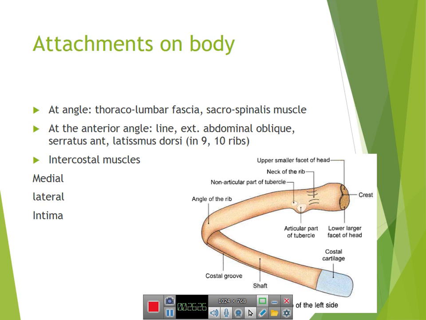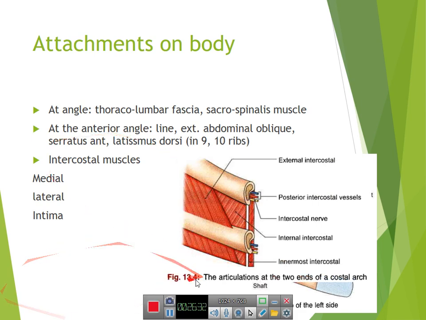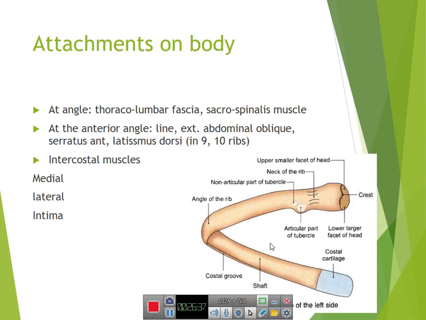The subcostalis is attached to the inner surface of the lower ribs. I will show you the attachments of the shaft, the body, and these muscles that I'm talking about: intercostal muscles, external, internal, and innermost, and subcostalis, etc.